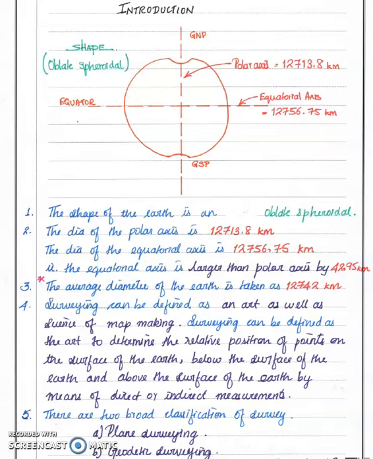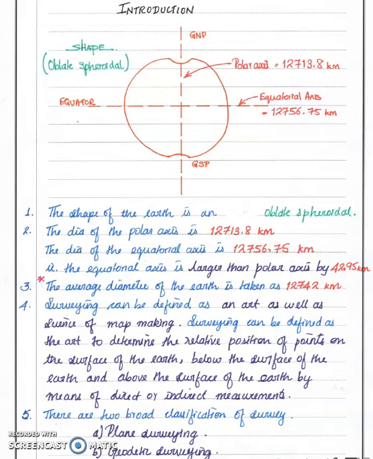Here, the triangles formed in plane surveying are always plane triangles. In geodetic surveying, the triangles are spherical triangles. Hence, plane surveying is suitable for smaller areas and geodetic surveying is suitable for larger areas.